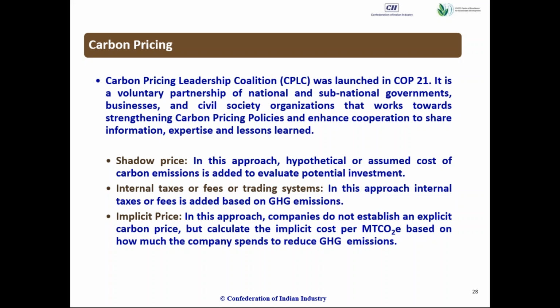It's like an implicit cost per ton of CO2. In a pure economic sense, the implicit price is not a price, but it's a cost. But since carbon pricing is a relatively new concept, and the CPLC and other organizations want to promote corporates to adopt carbon pricing, that's why they have included implicit price also.